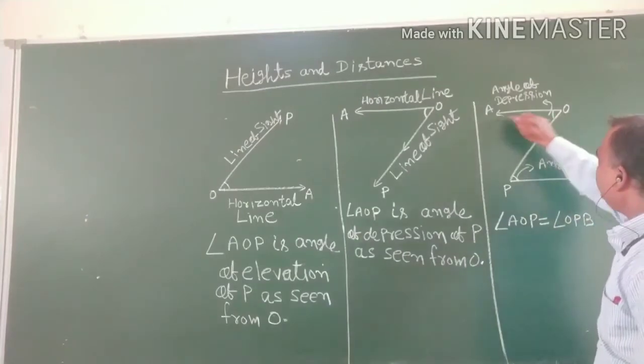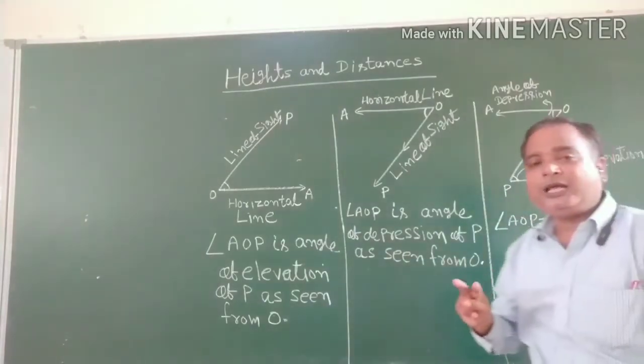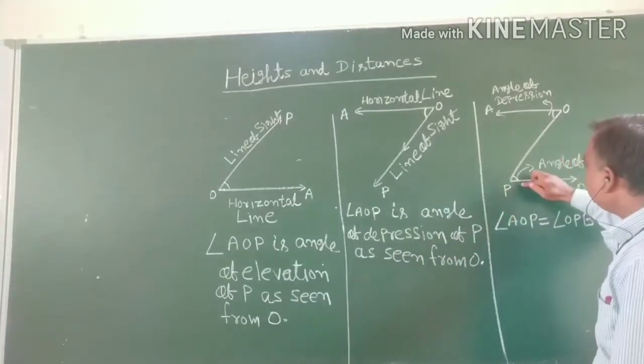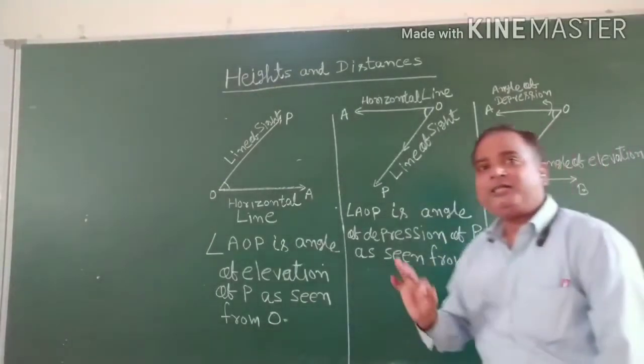So we can say AO and PB look like two parallel lines, and the line of sight OP will act as a transversal.